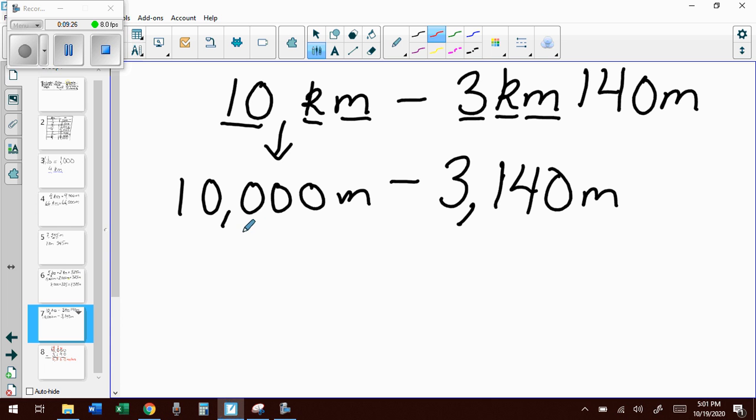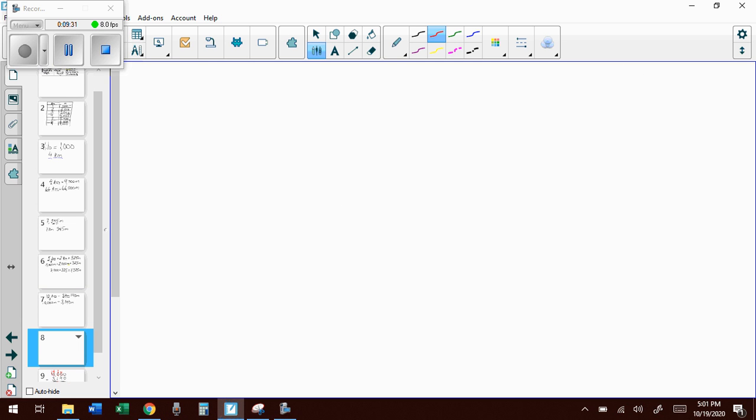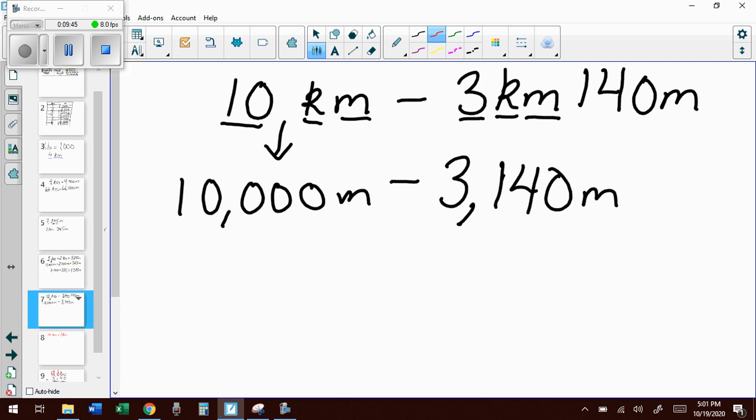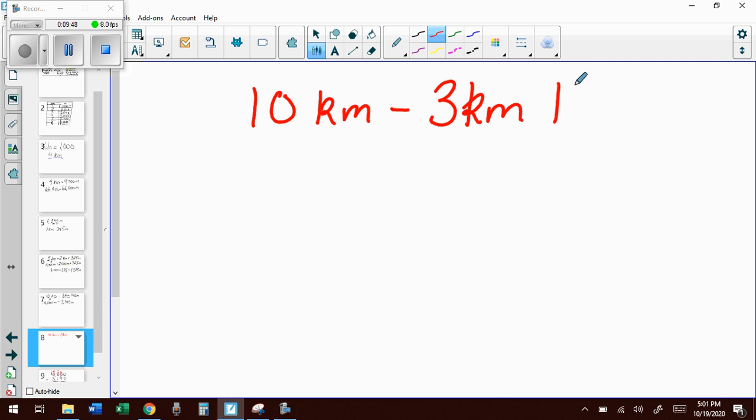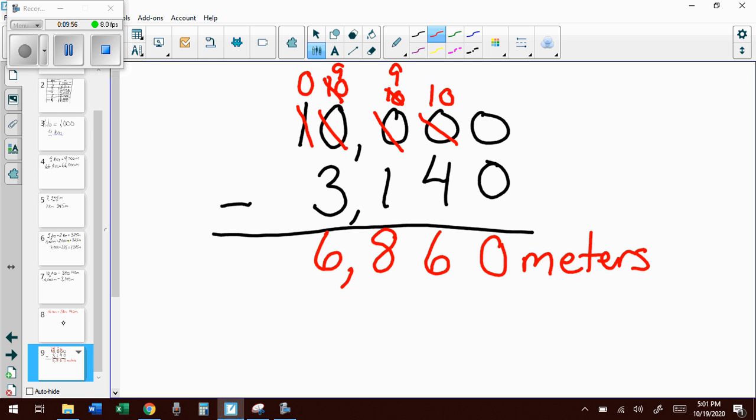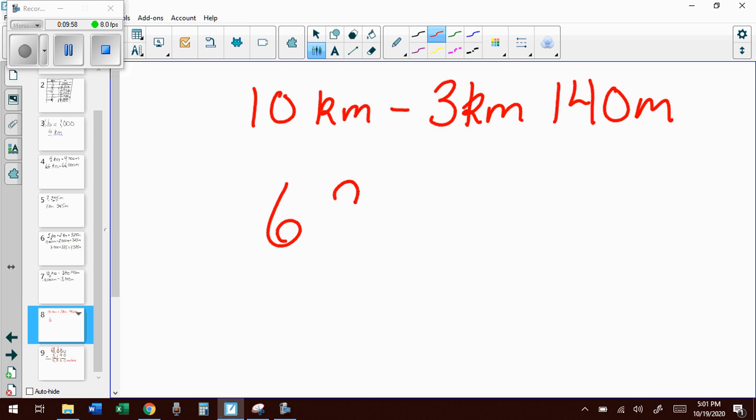So in answer to our question, 10 km minus 3 kilometers and 140 meters is 6,860 meters.